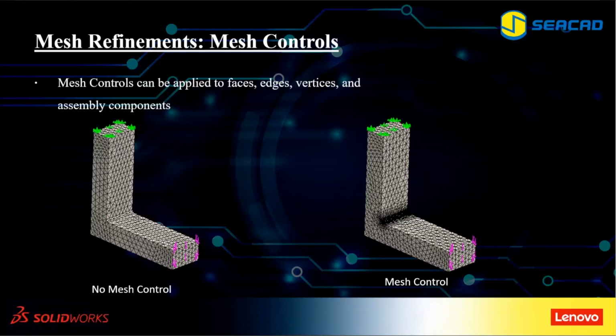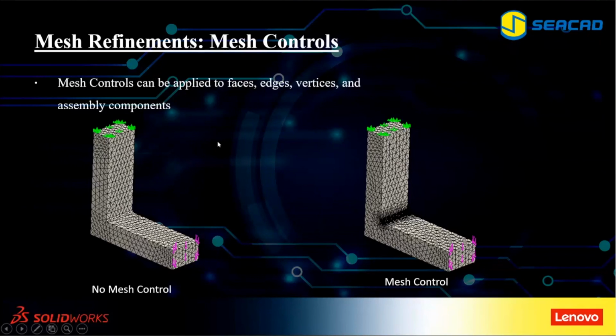But you should not apply the mesh control to the whole geometry, because then the number of elements is quite large. It will take longer to run the simulation, it will consume a lot of computational resources, and sometimes the simulation can fail because of large cumulative errors. So this is the mesh control.